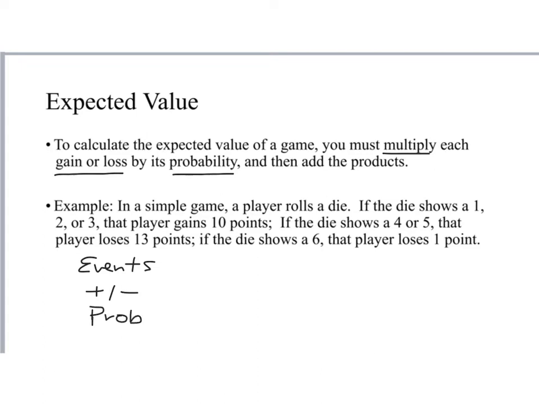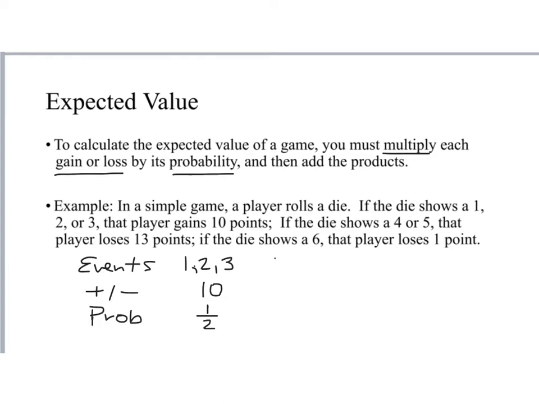In this case, one event is a 1, 2, or 3. That gain-loss is a gain of 10 points. That probability is 3 out of 6, or 1/2.